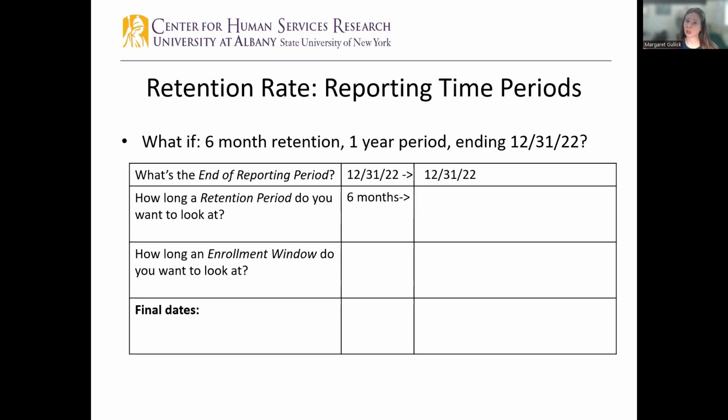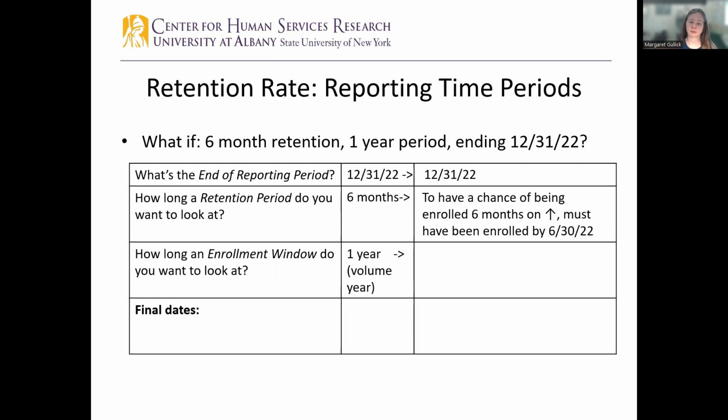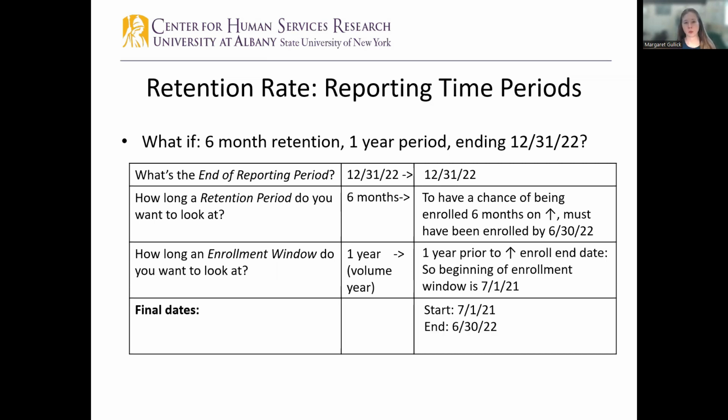What's 6 months before the end of my reporting period? What's the last date a person could enroll and have a chance of sticking around for at least 6 months? 6/30/22. All right. How long an enrollment window do we want to look at? We said a year. All right, a year earlier. So we're going to start 7/1/21 and end 6/30/22.